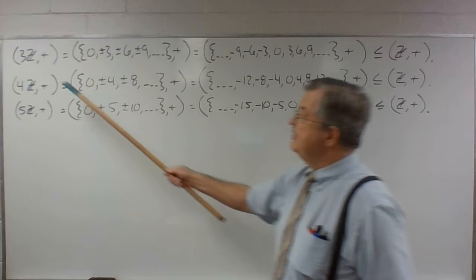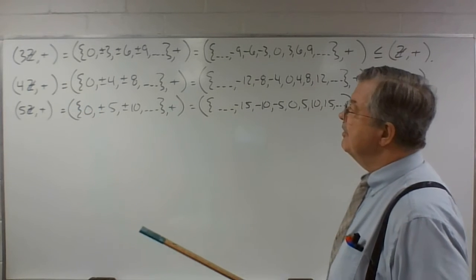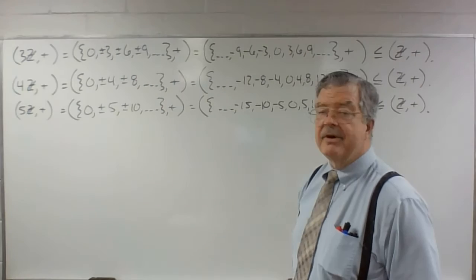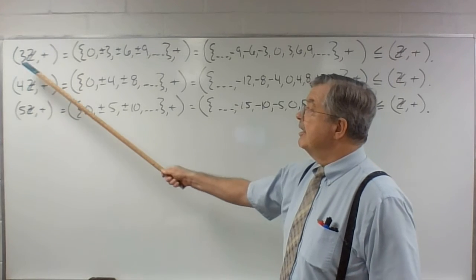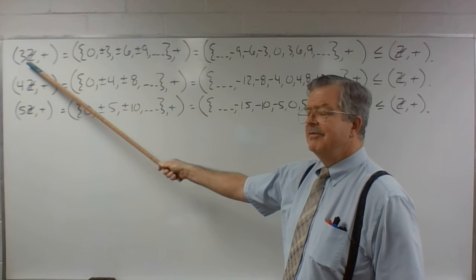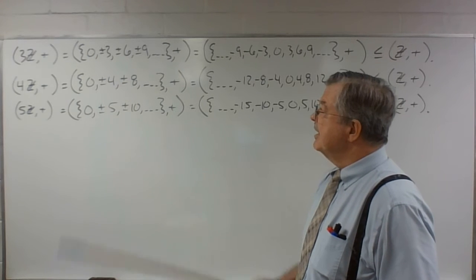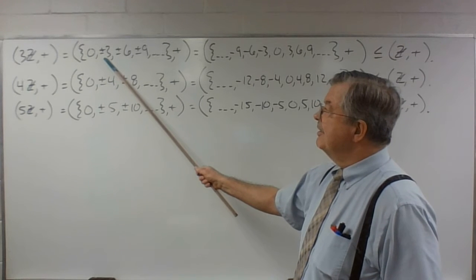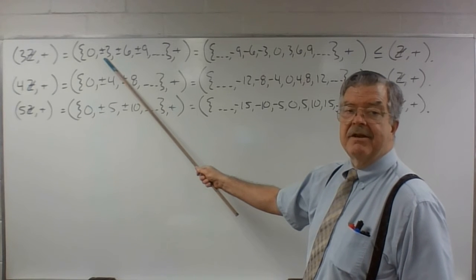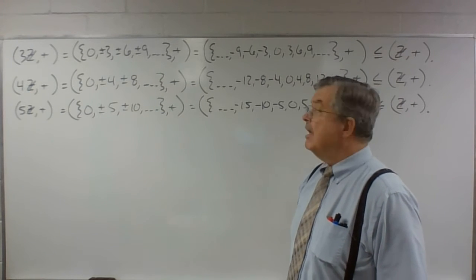And notice that 3Z is a subset of the integers. And notice also that if we take two multiples of 3, we get another multiple of 3, so 3Z is closed under the operation of addition. 0 is the identity, and here I've actually listed the numbers in inverse pairs. 3 and negative 3 are additive inverses. 6 and negative 6 are additive inverses.